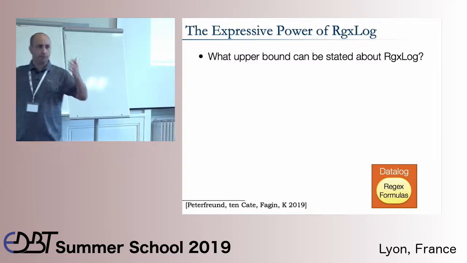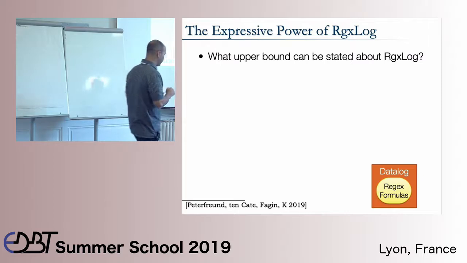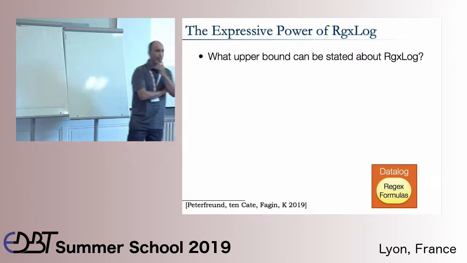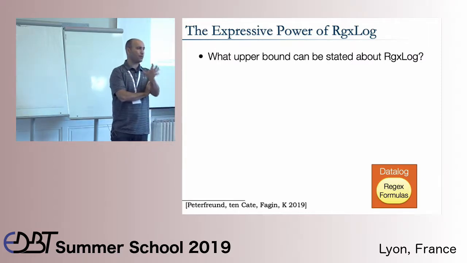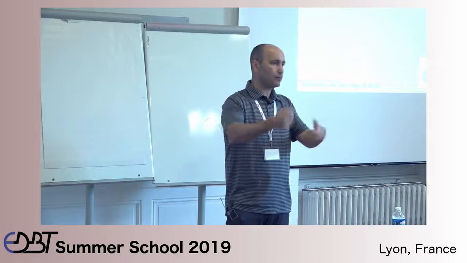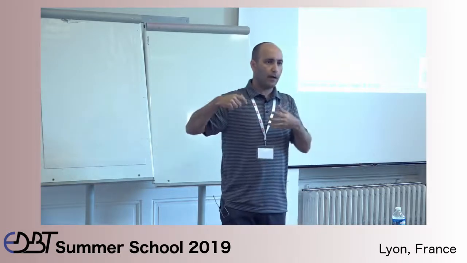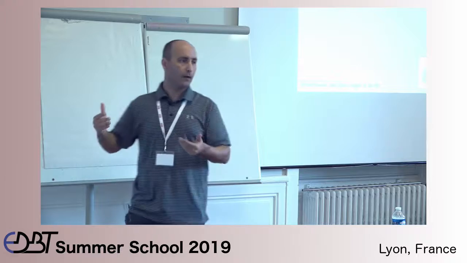What could be any upper bound that we could place on regex log? Well, think of it this way. We have a regex log program. This is a fixed program, and now the input to this program is a document. And you're starting to apply the rules. All our positive rules, extracting spans from the document using regular expressions and reasoning about them in a recursive manner.